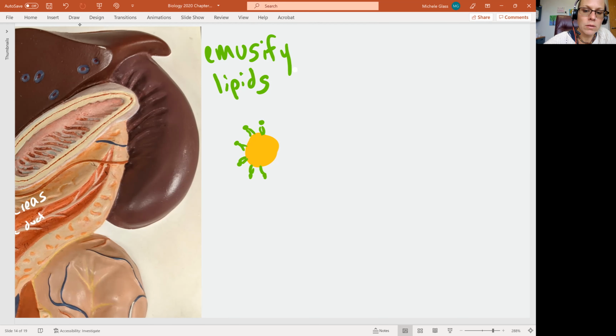And so the bile salt comes in and it helps to break that lipid into a smaller droplet. And it helps that lipid then move through the solution a little bit. So when we're emulsifying the lipids, we're making it a smaller droplet, and we're also allowing it to be suspended in that polar solvent.